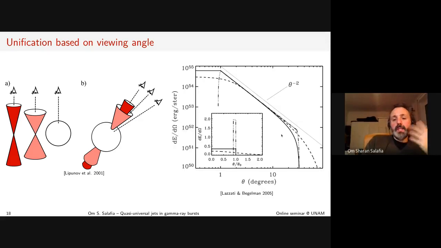So these would explain why you see a clustering of the energy when you try to collimation correct these isotropic equivalent energies. It is just a kind of a cancellation, okay?